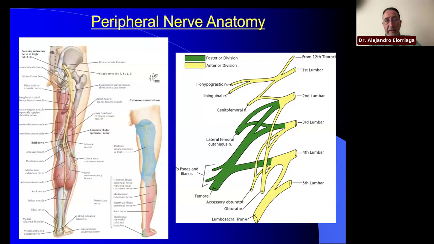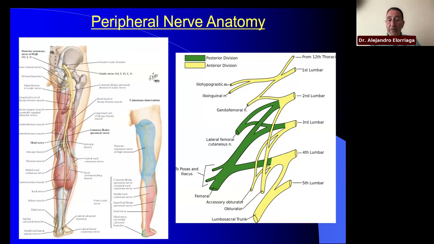Anterior divisions innervate flexor muscles, posterior divisions innervate extensor muscles. The leg is like an arm that's twisted. Therefore, the anterior part of the leg really is the extensor side, not the flexor side. That's why you have to master anatomy at every level before you can design the ideal acupuncture treatment.